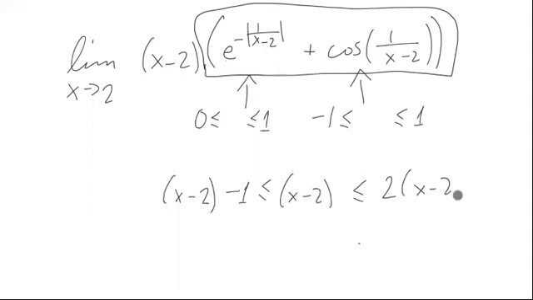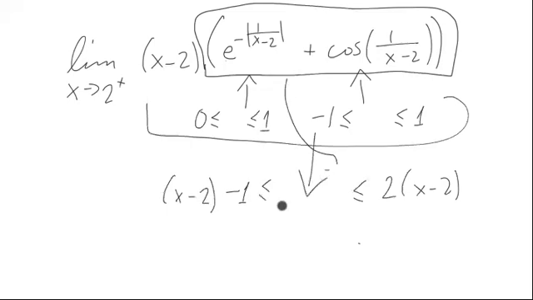Well, you've got to be careful. If you're going from the right side of 2, then you can freely multiply because then these will be positive and it'll preserve the inequality. So x minus 2 times the whole expression. Think of this part right here as being all of that.